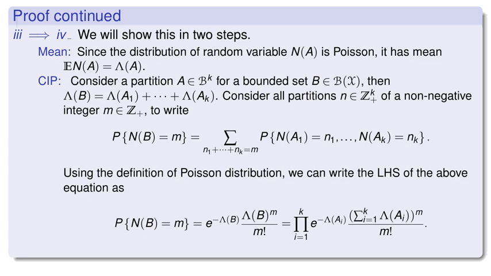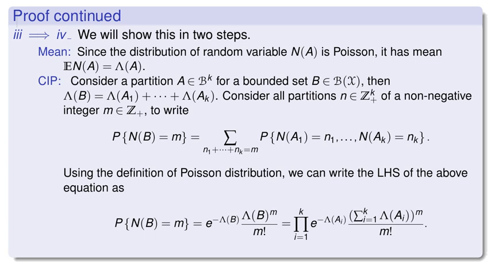Now consider all possible partitions of a non-negative integer m into k non-negative integers n1 through nk. We can write the probability that N of B equals m as the sum over all such partitions n1 plus ... plus nk equals m of the probability that N of A1 equals n1, ..., and N of Ak equals nk.